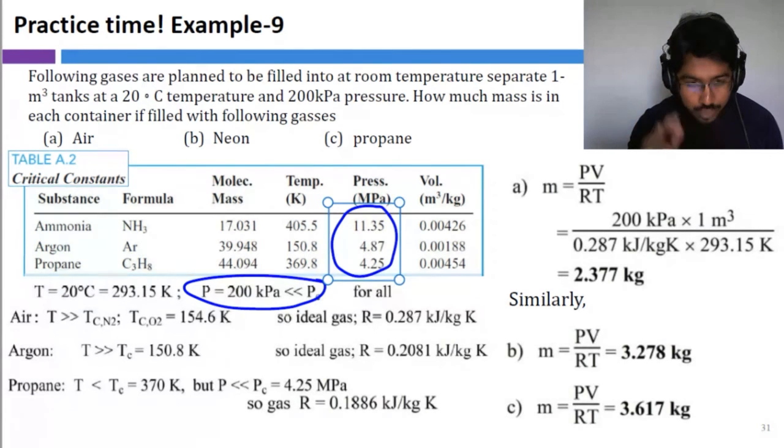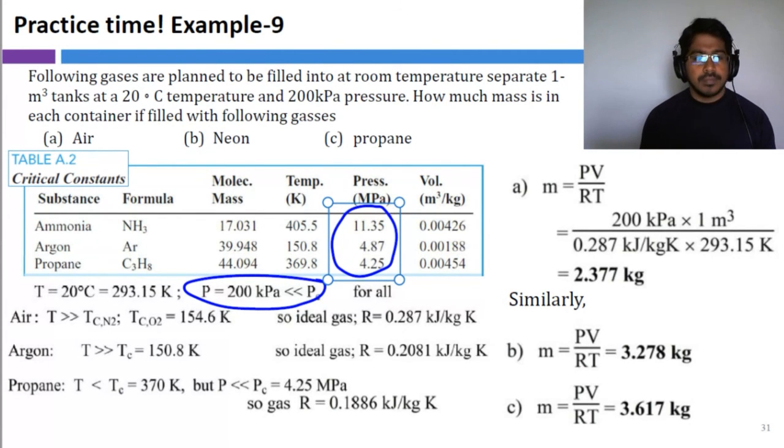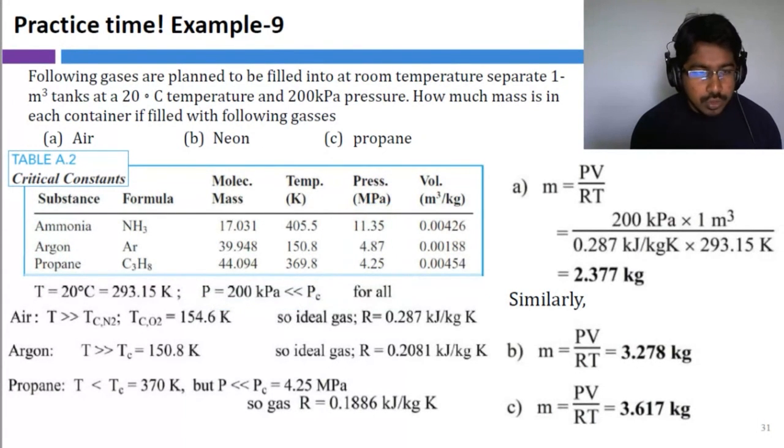Sorry, I'm trying to say it the other way, but it goes again and again. The pressure we have is very low compared to the critical pressures of the substances. So for all the substances we have here, we can use the ideal gas assumptions.